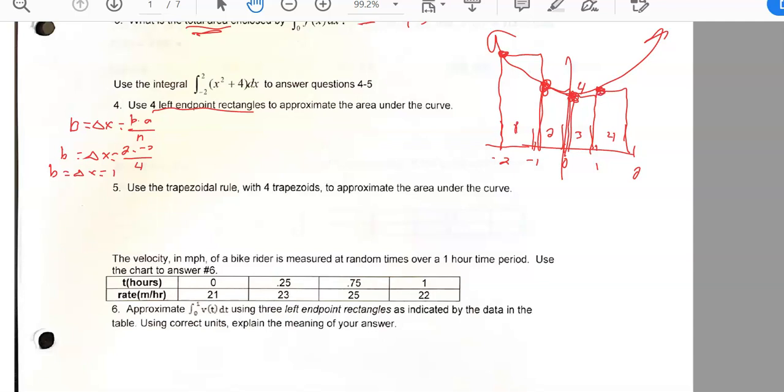So rectangle number 1 and rectangle number 2 we would say is circumscribed because we go outside the curve. 3 and 4 we would have said is inscribed, if we start throwing some of those words around later in the packet. We then would have taken where we hit our curve. We would have called that C sub 1, 2, 3, and then 4. And the places where we hit our curve were left endpoints of negative 2, negative 1, 0, and then 1.